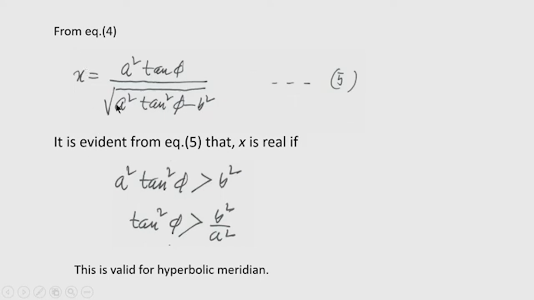You can note here that if a square tan square phi minus b square is a negative quantity, then x is imaginary, which is not possible. Therefore, from this equation 5 we can impose a condition for this hyperbola that a square tan square phi should be greater than b square, which means tan square phi should be greater than b square by a square. So, this is the characteristic of a hyperbolic meridian. Okay.